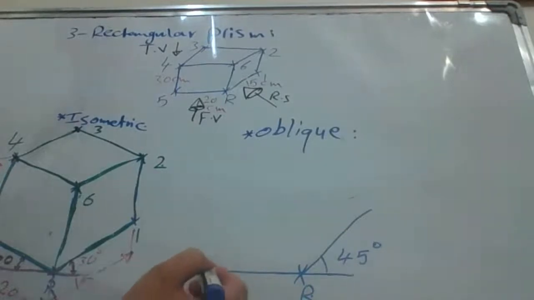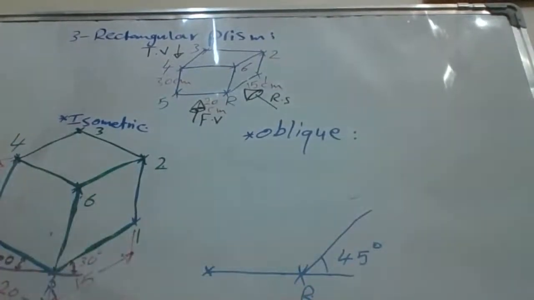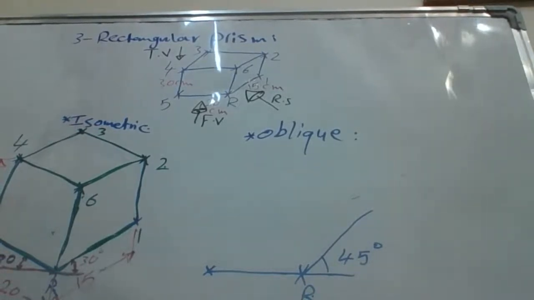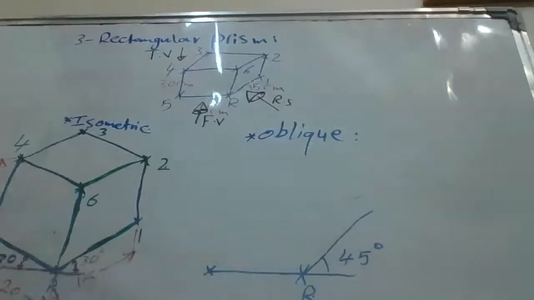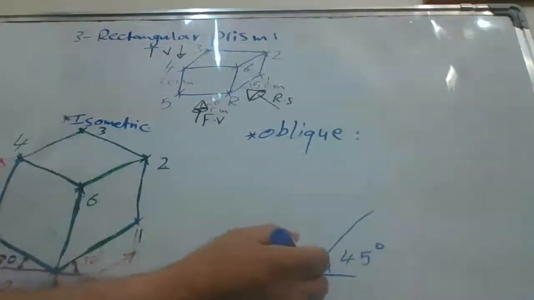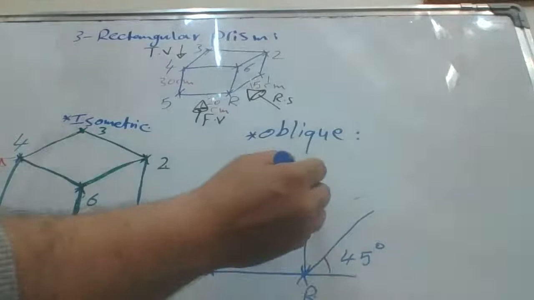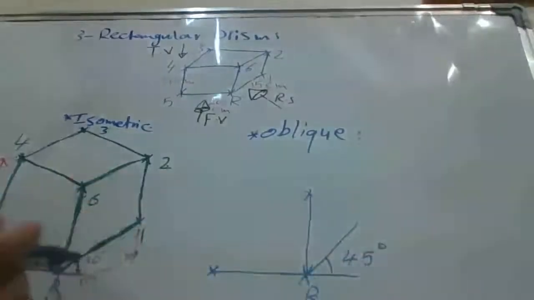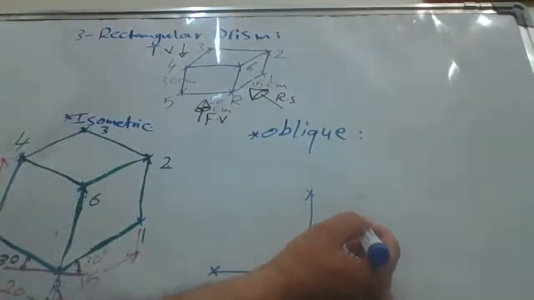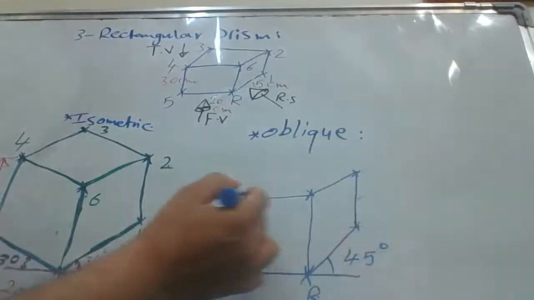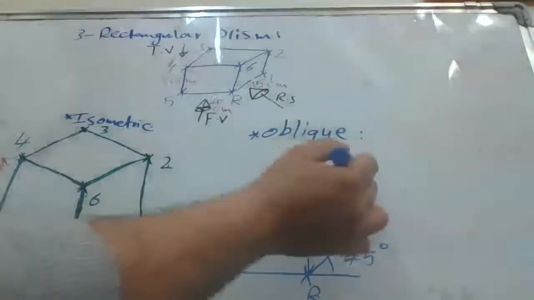Here the width of the shape is a horizontal line, and the height of the shape is given as 30 centimeter. Here the depth of the prism. We can continue using the compass also.